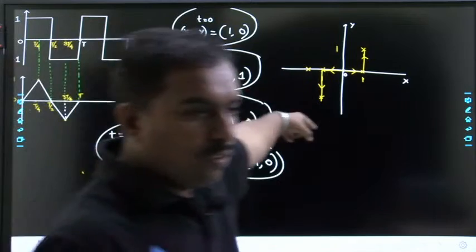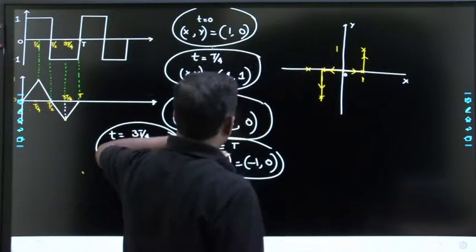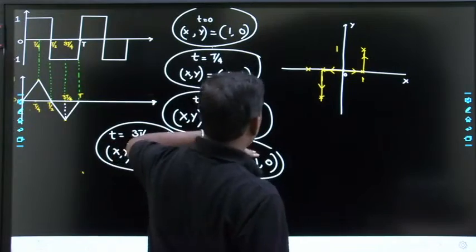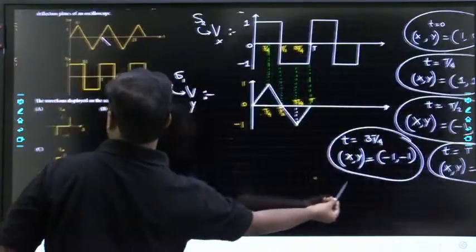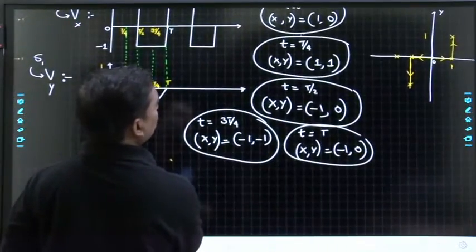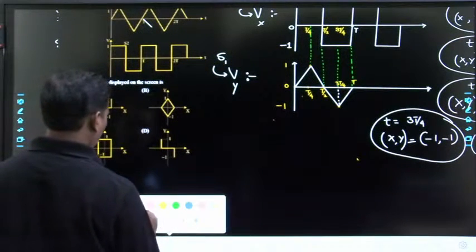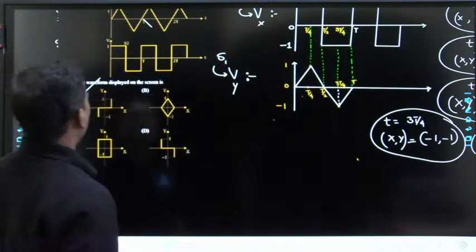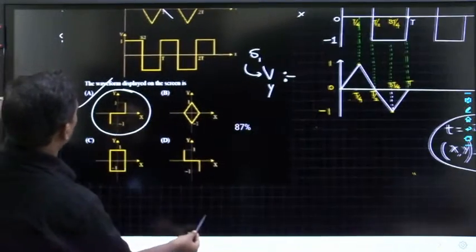Yes or no? Option A is coming. At t is equal to capital T, what is this? x is equal to minus 1, y is equal to 0. So it is matching with this particular one, na? Perfect. You have to look carefully, then you will get the answer.